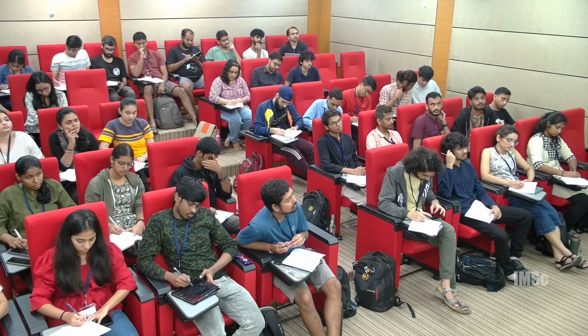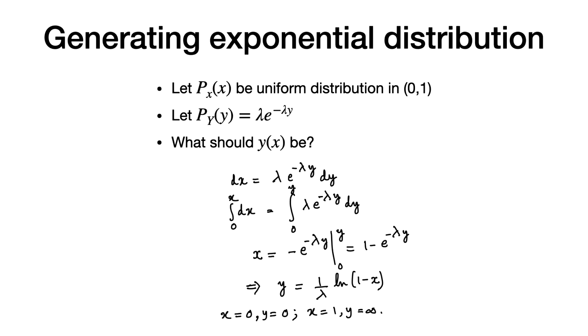But even if you cannot find F inverse, suppose I give you a different function here. You want to generate a Lorentzian distribution. Then all you have to find out is whether this can be integrated once. So this becomes a Lorentzian, I have to integrate that, and you get some complicated function of y.